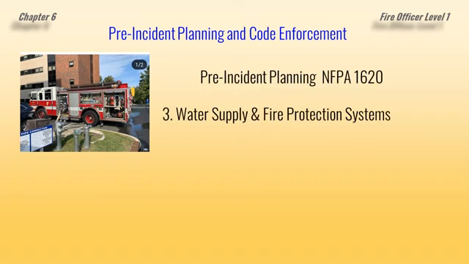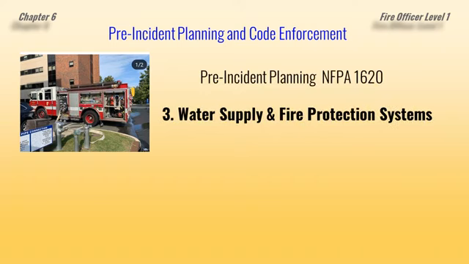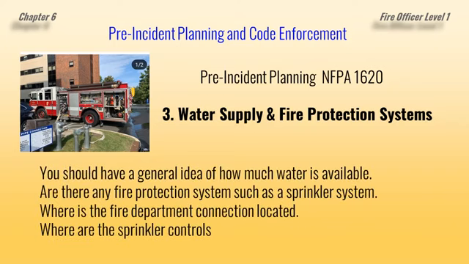Okay, next we're going to deal with water supply and fire protection systems. As a fire officer, it's really a good idea to have an idea of how much water is available in different parts of your response area, and to have an idea of what type of fire protection systems are in the building that you're going to respond to.